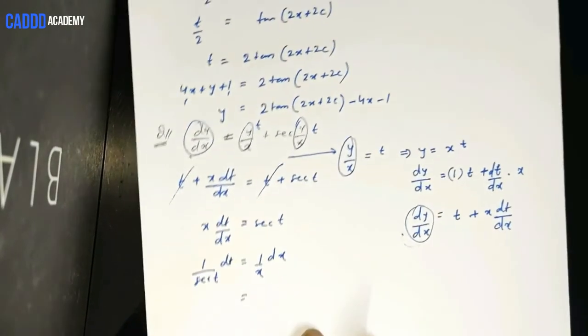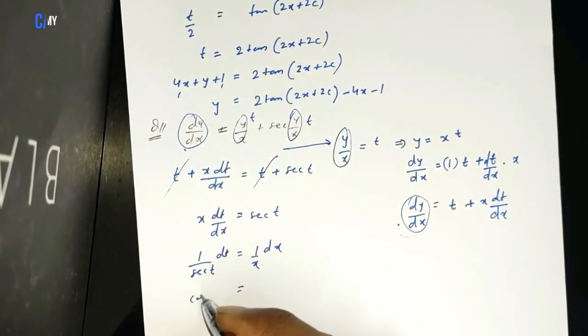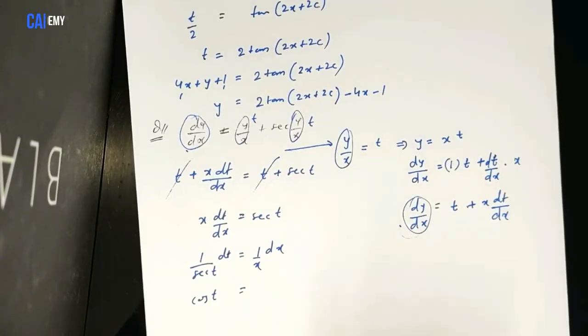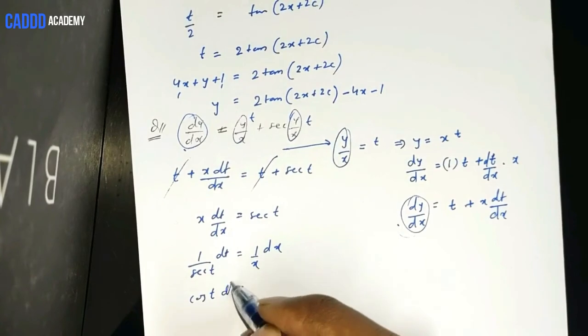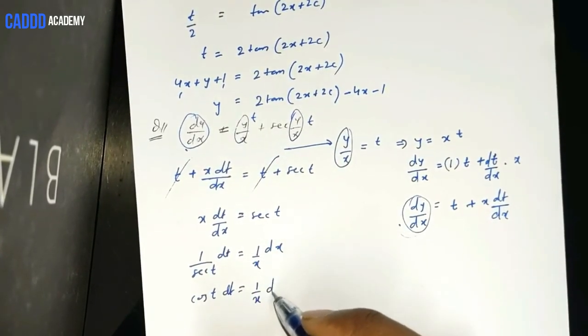We know that the reciprocal of sec t is cos t. So we have cos t dt and 1 by x dx here.